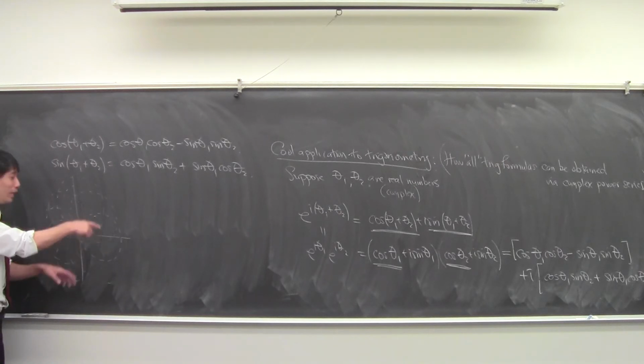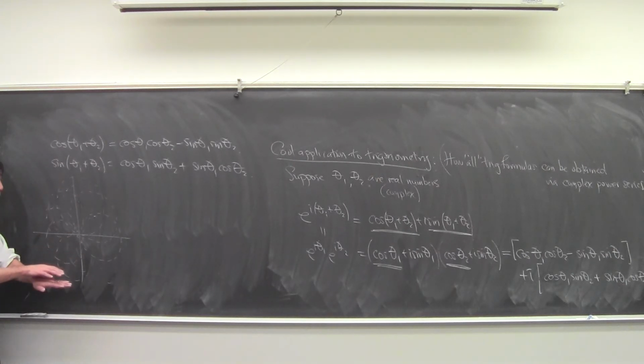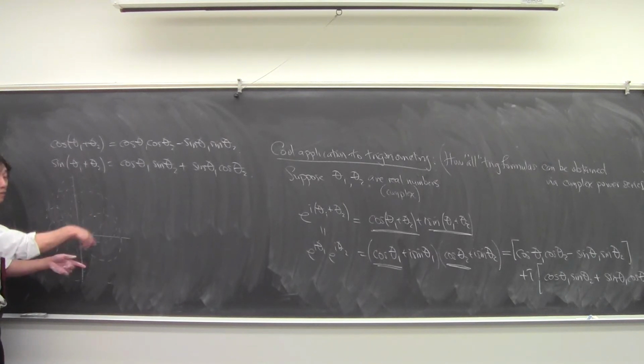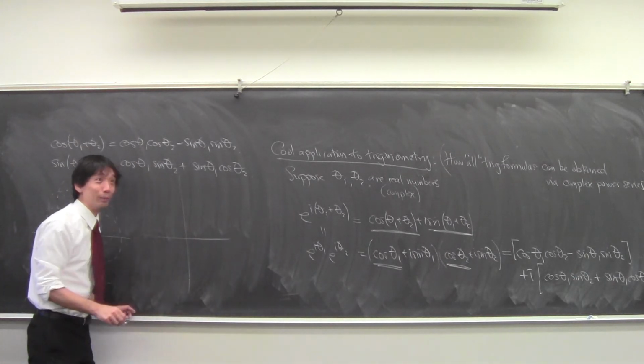As you keep on going around, you get different functions. And so the logarithm, extended to the complex plane, is actually a sort of multiple valued function. Right, so it has an infinity of values for each point.